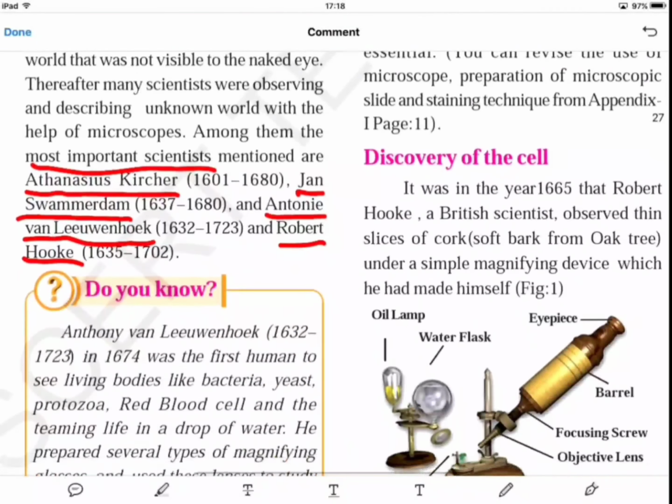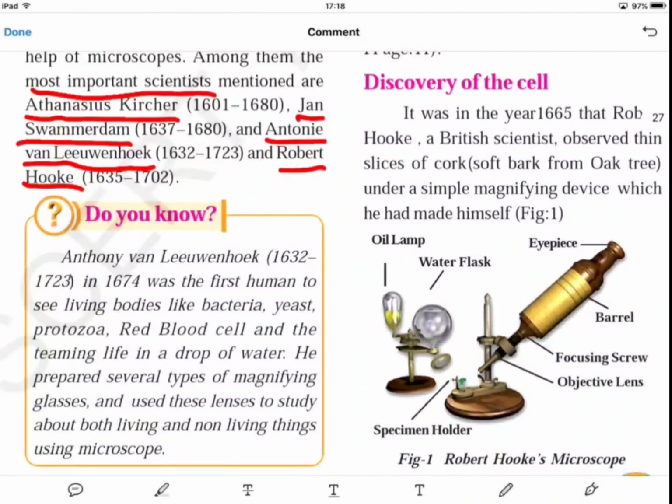Now, here you can see the box. Antony von Leeuwenhoek, from 1632 to 1723, that is his time period. In 1674 he was the first human to see living bodies like bacteria, yeast, protozoa, red blood cells, and the teeming life in a drop of water.